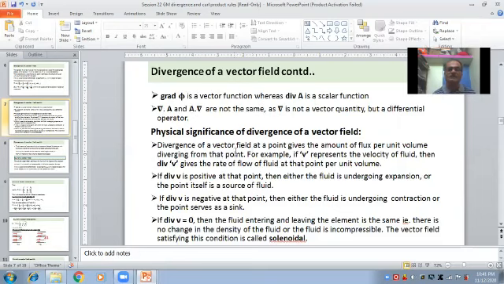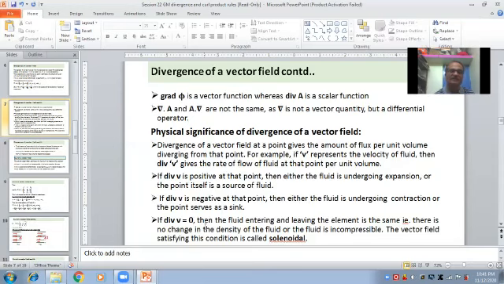Next, coming to the physical significance of the divergence of a vector field. As I explained, the divergence of a vector field at a point gives the amount of flux per unit volume diverging from that point. For example, if V represents the velocity of a fluid, then the divergence of V gives the rate of flow of fluid at that point per unit volume.